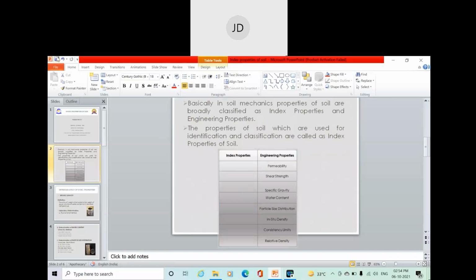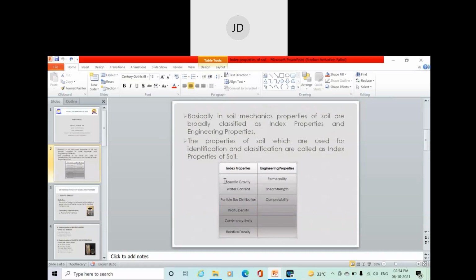Regarding specific gravity and moisture content, we have already discussed them, right? What is moisture content? What is specific gravity? By definition we know these things, but how do we determine moisture content or water content in the laboratory? There are different tests that can be carried out, but the most accurate method to determine moisture content is the oven dry method.